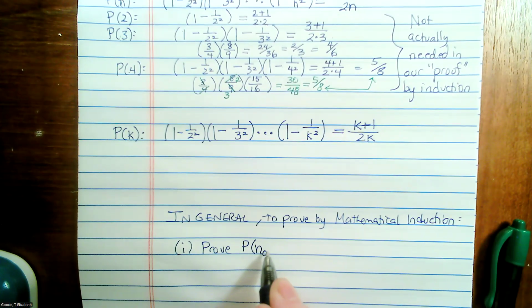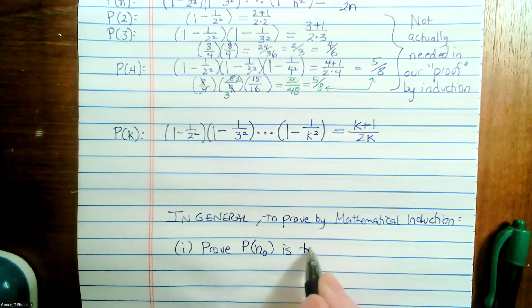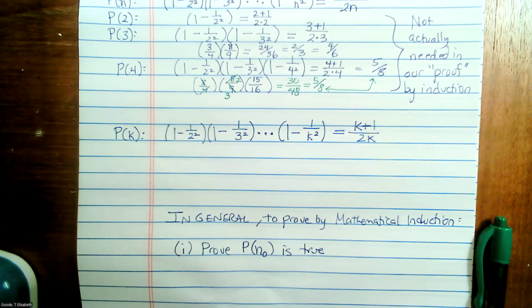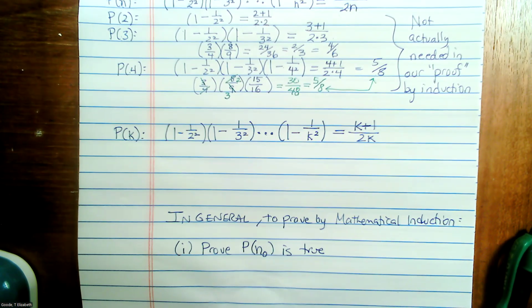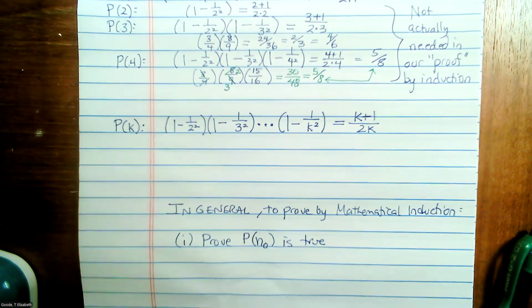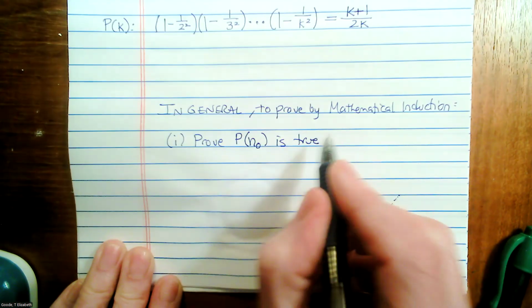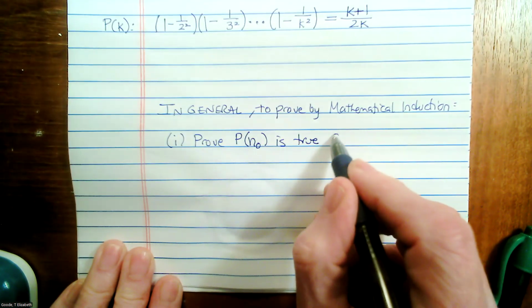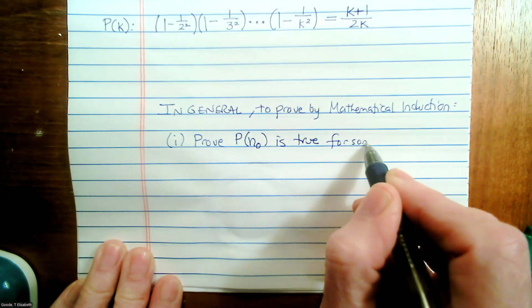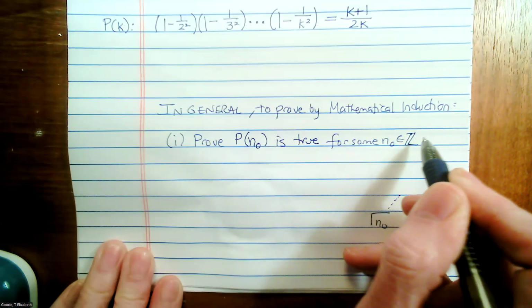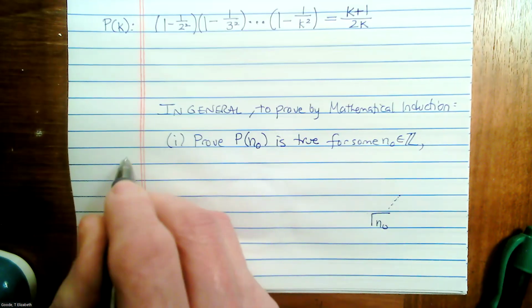Here, we'll just call it N naught is true, where N naught represents the lowest step on a stairway that we're going to climb up. So prove P of N naught is true for some N naught in Z. It's usually Z plus, but we'll just say Z.